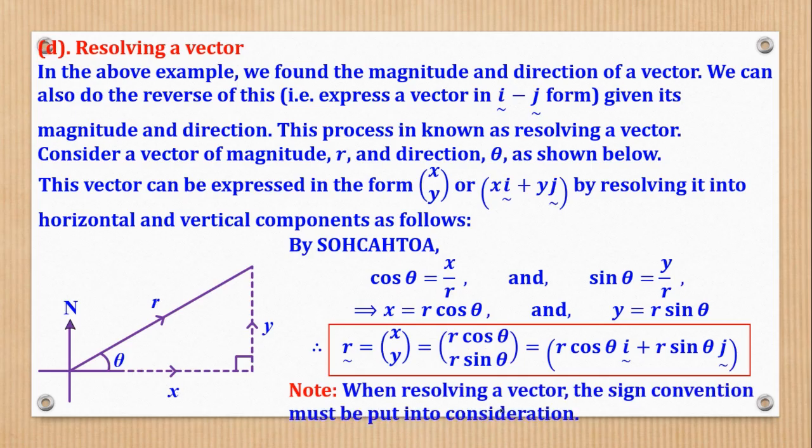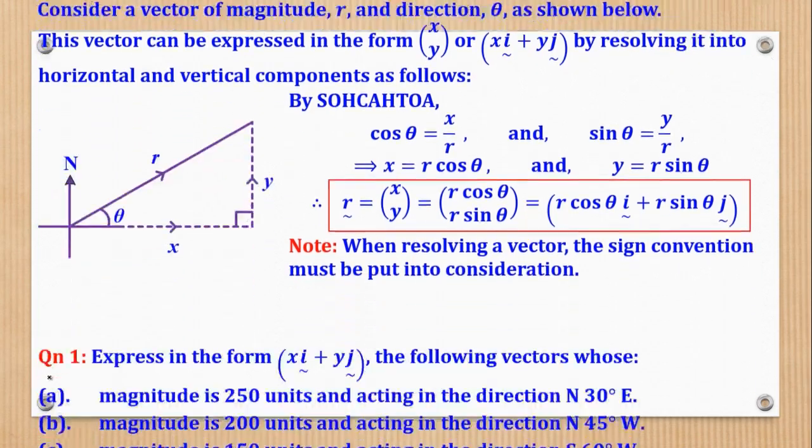So whenever you are resolving a vector, the sign convention must be put into consideration. So here both were positive because this is to the right, which is positive, and this is upward, which is positive. But in case one of them was, for example, this x was to the left, it would be negative, as we shall see in the second example.